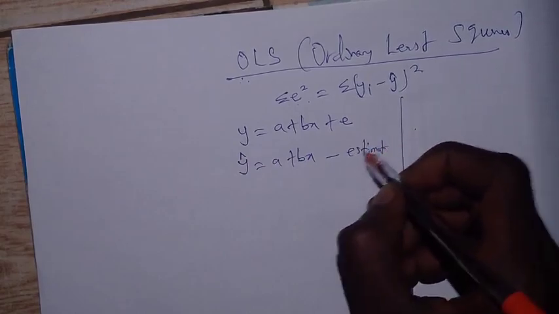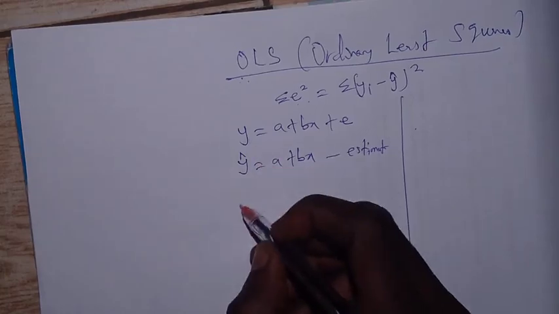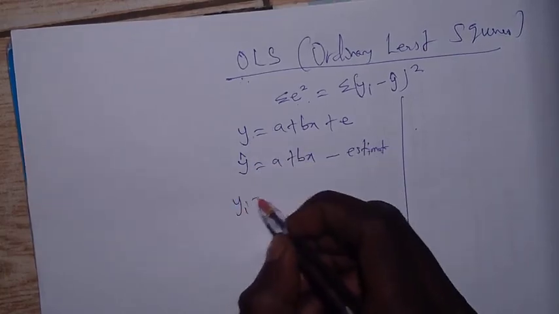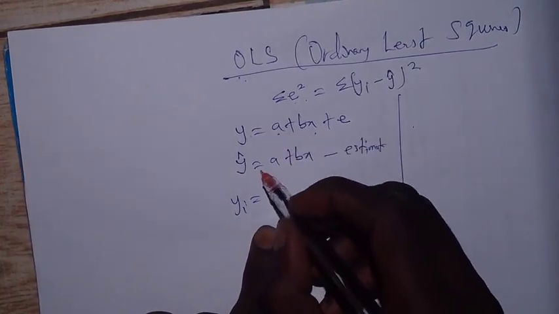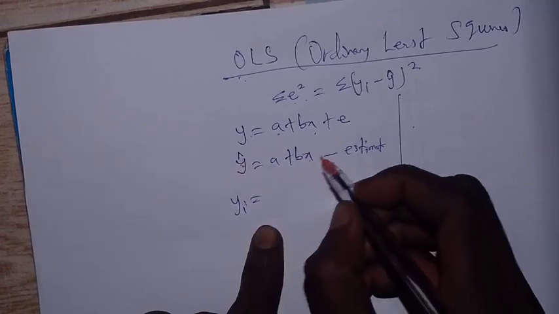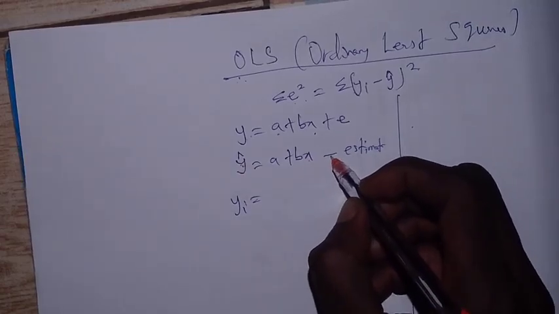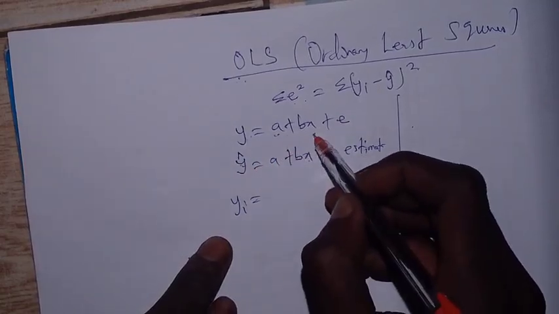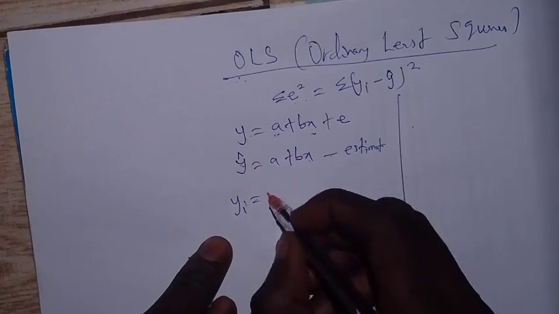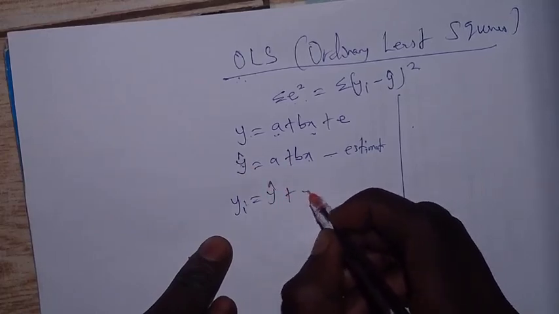It has no error term, so from here yi equals, instead of a plus bx, substitute y cap, plus e. So yi equals y cap plus e.